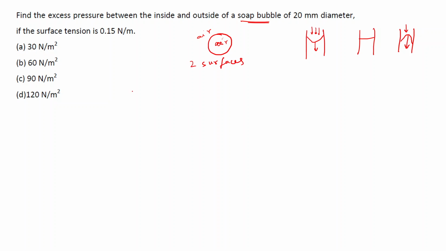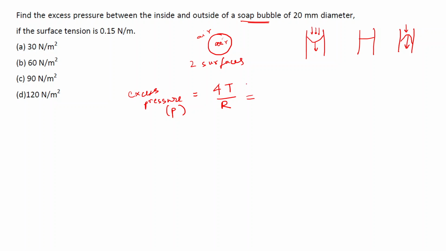And we have directly this formula of excess pressure. Since it has two surfaces, the excess pressure P is given by 4T by R. T is the surface tension and R is the radius of this soap bubble.